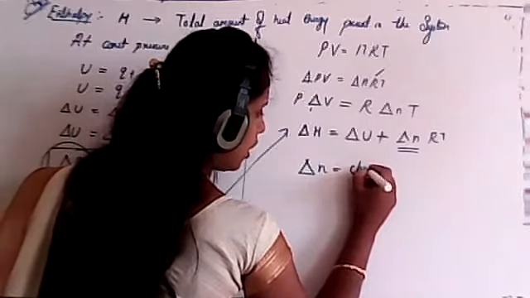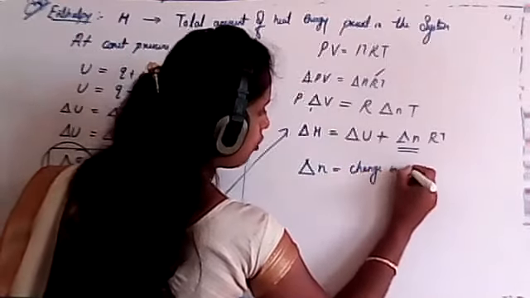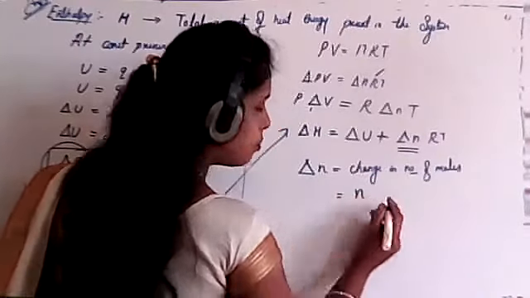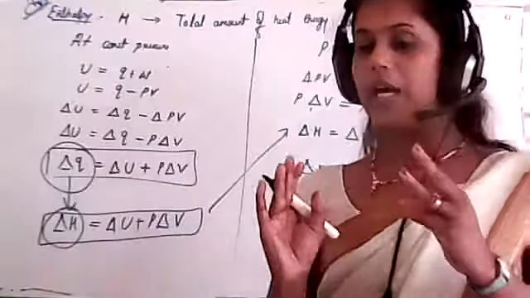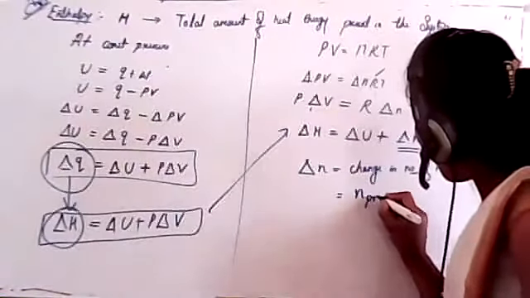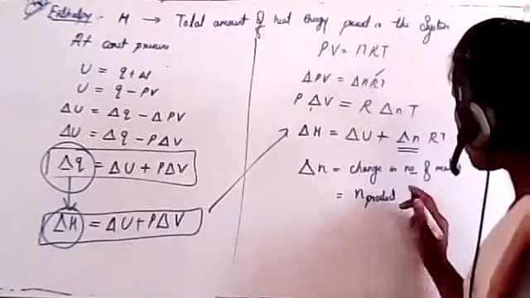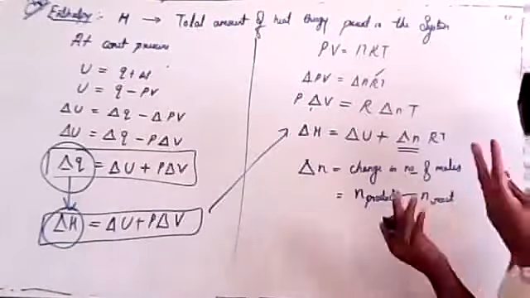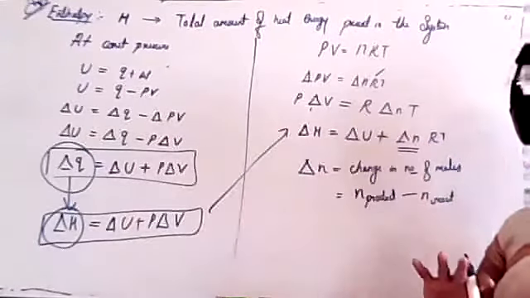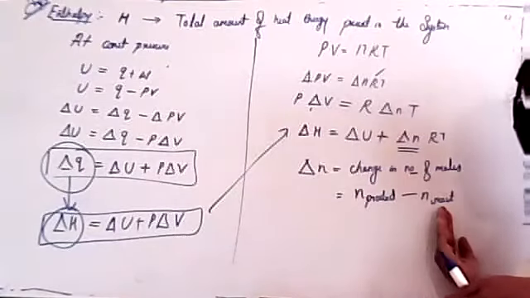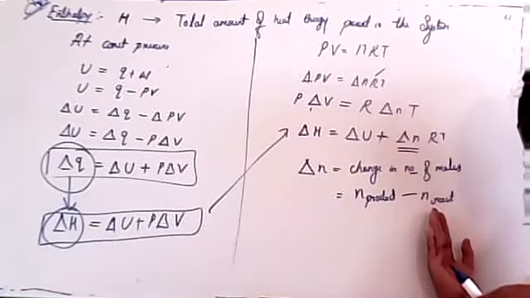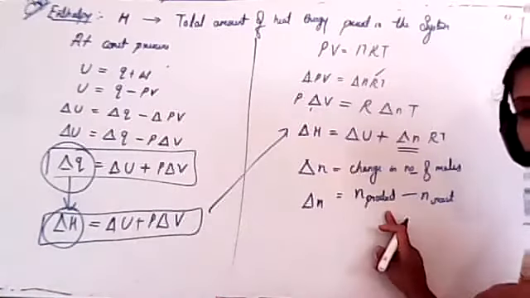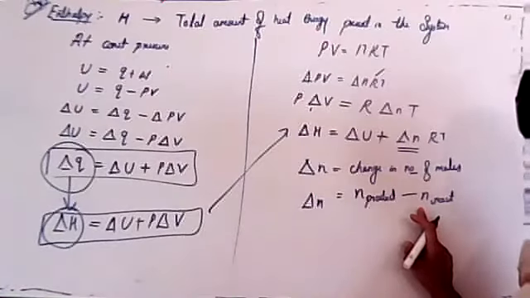It is the change in number of moles of gaseous species: number of moles of product minus number of moles of reactant. Final minus initial. Product is the final state and reactant is the initial state, so delta n equals n product minus n reactant.